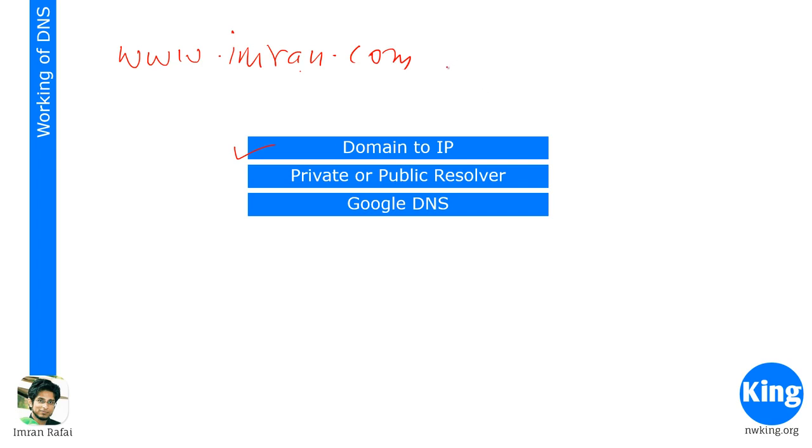As humans, we can remember names better than we remember numbers. So if somebody types this, there should be a mechanism that converts this to the server where I have hosted that file. That is the domain name system. So the domain name system will convert the domain name to a host, right?